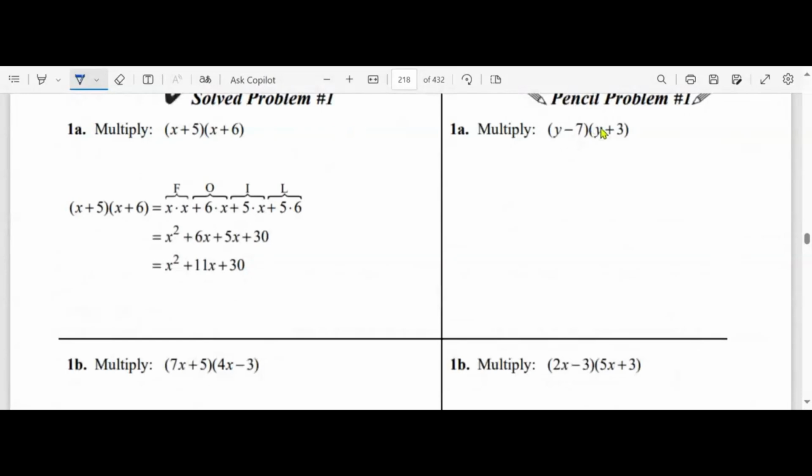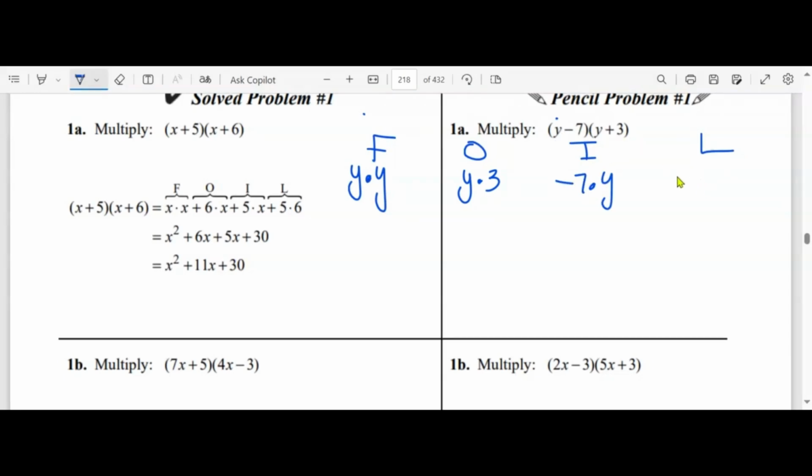It says multiply. Do we have the same terms here? No, they are different. So we have to do the FOIL. Can you use FOIL? Yes. First: y times y. Outer: y times 3. Inner: 7 times y.